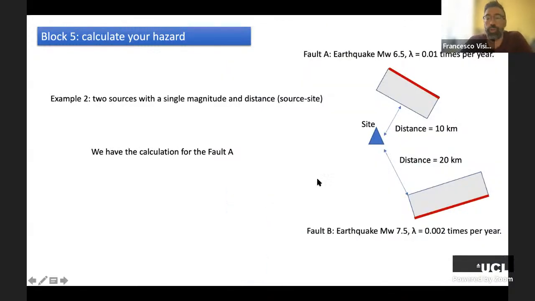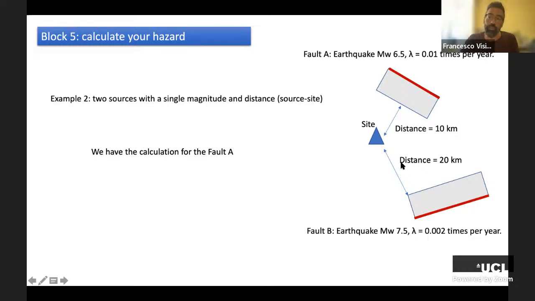The second example: if I have two faults, one that gives us magnitude 6.5 with this rate, and the second one that is located at a distance of 20 kilometers and can return magnitude 7.5 with this rate.